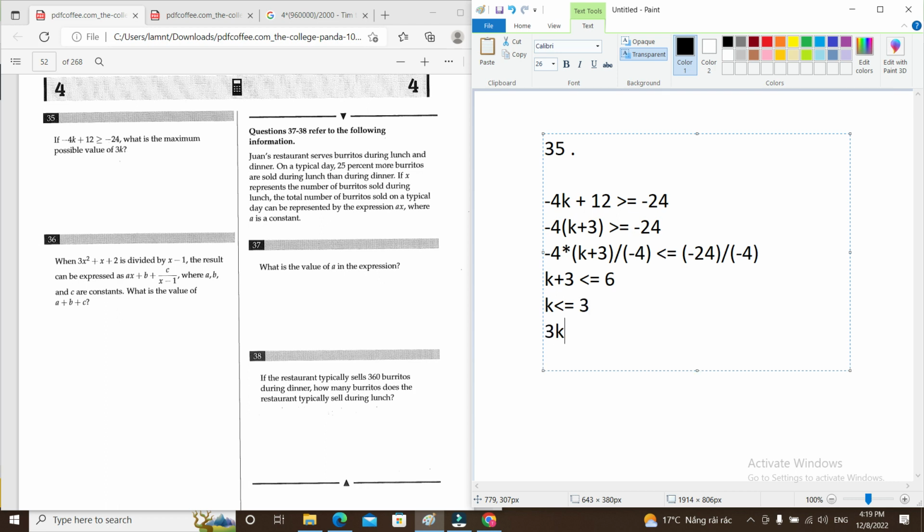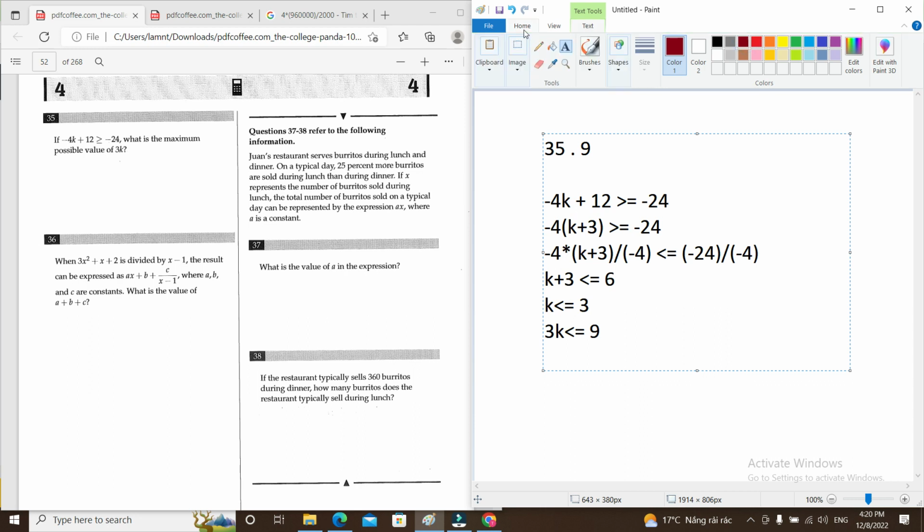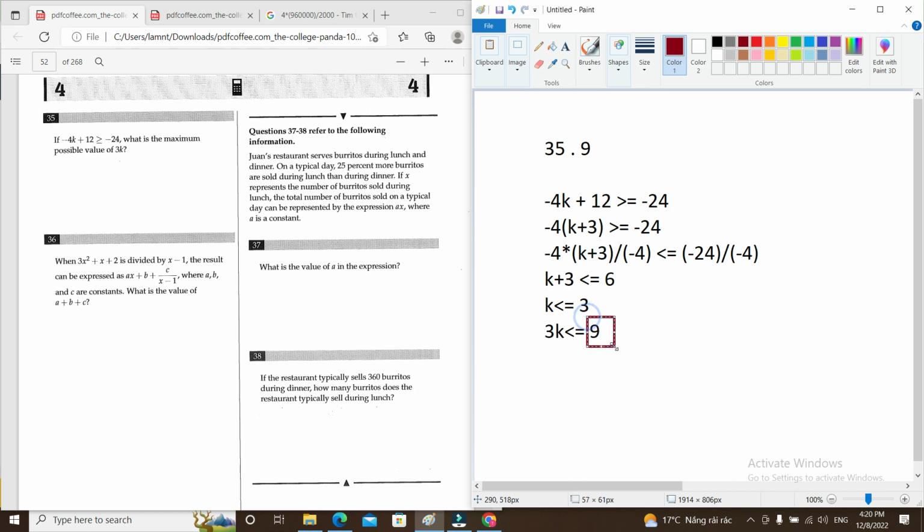So 3k is smaller than or equal to 9, which means the maximum value of 3k is 9. It's 9 right there.